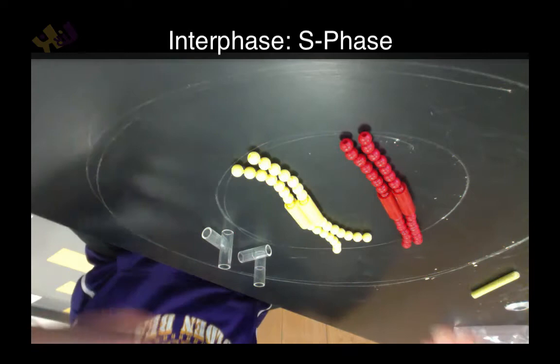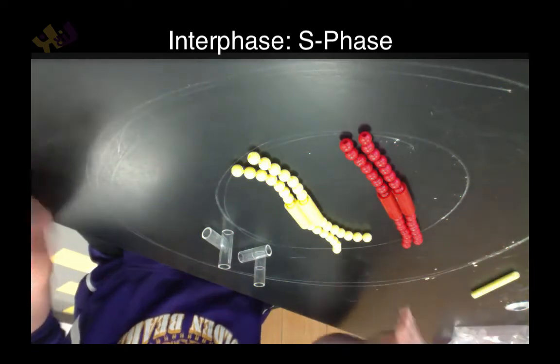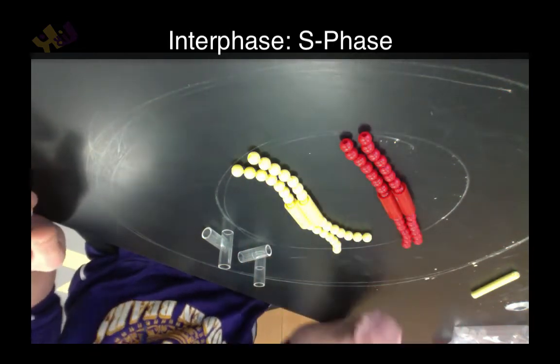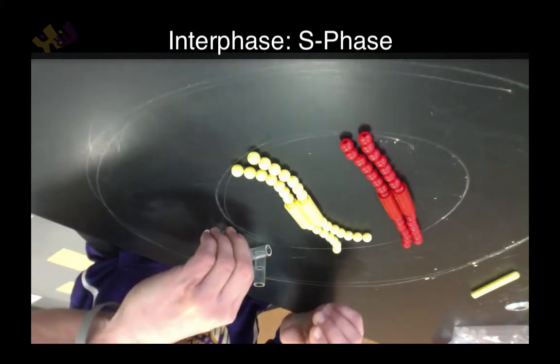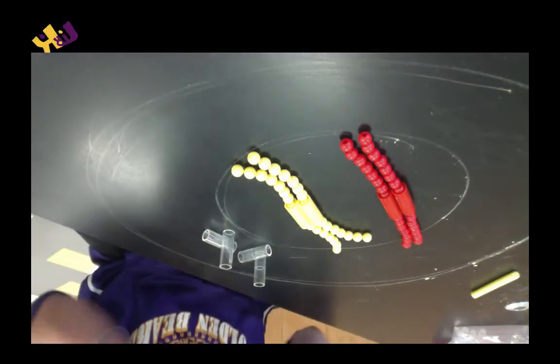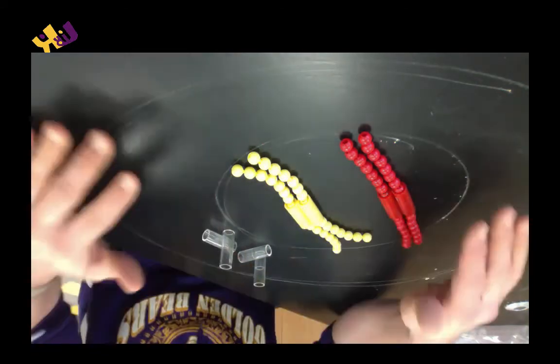So it's very similar to the setup we see prior to going into mitosis. We have gone through replication of DNA, so DNA synthesis has occurred, and we've also made a replication of our centrioles.